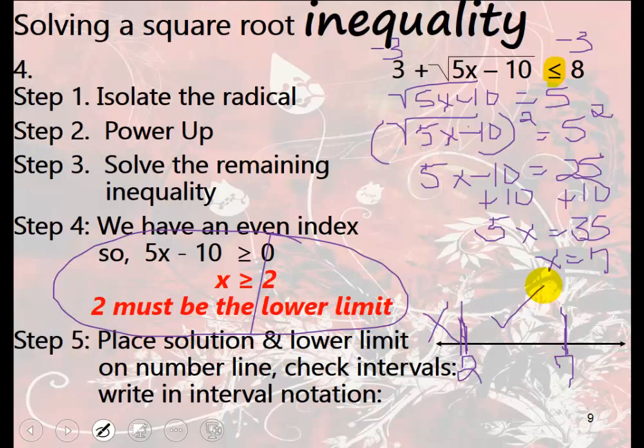If I put in 8, that's 40 minus 10, so that's the square root of 30. So I have 3 plus the square root of 30, and that gives me 8.5. Is that less than 8? Nope, so it can't be there. So my solutions have to be between 2 and 7, and that's how we write it in interval notation.